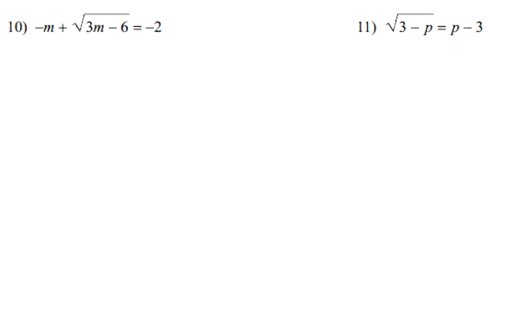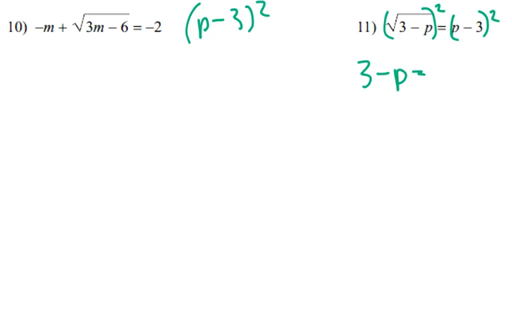Okay, now let's try number 11. So we've already got the radical by itself, so we start by squaring. So I've got 3 minus p equals, now p minus 3 squared is like p minus 3 times p minus 3.